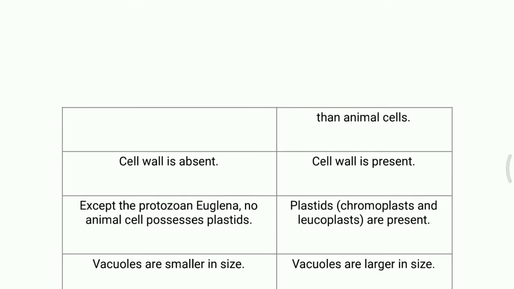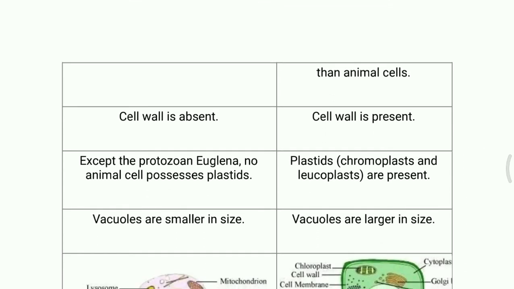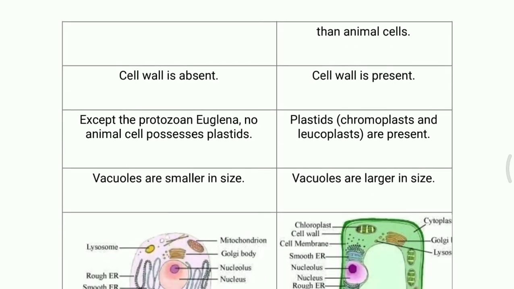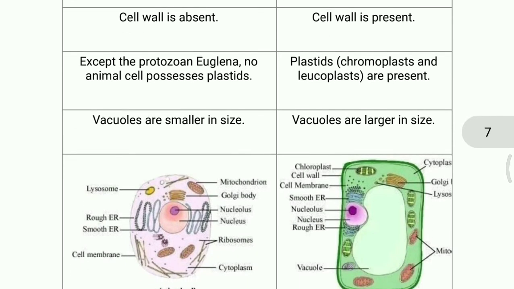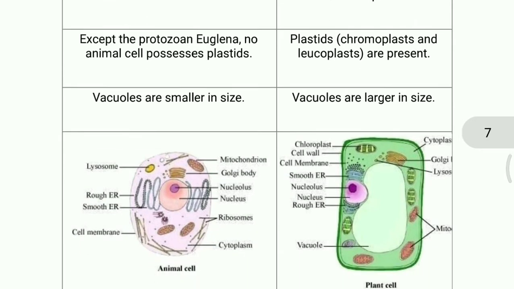In animal cells, the cell wall is absent. In plant cells, the cell wall is present. Animal cells have no plastids. In plant cells, plastids, chloroplasts and leucoplasts are present. Vacuoles are small in size in animal cells. Vacuoles are large in size in plant cells.